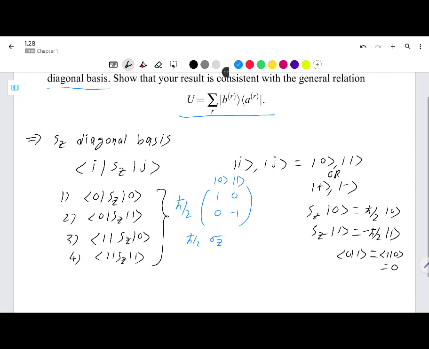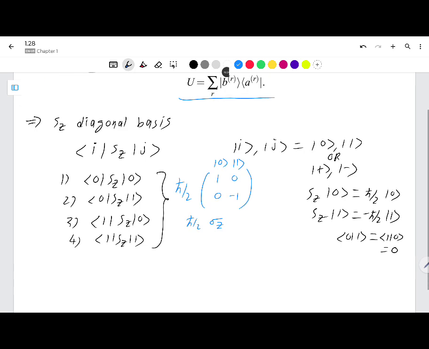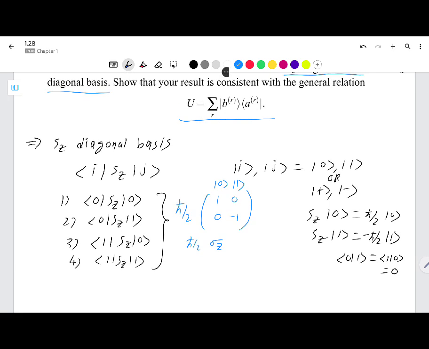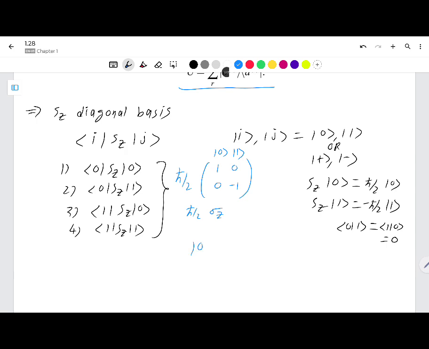So I gave a quick overview of how to go about this. These states 0 and 1 are the eigenstates of spin z, and when we represent spin z in this basis, they are 0 and 1, it looks diagonal.